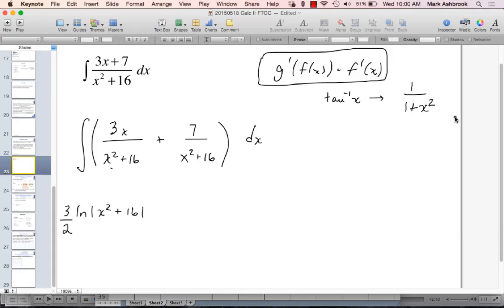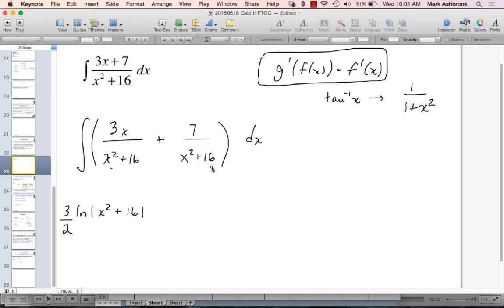We see the something over x squared plus a constant. So what's the big problem that we have? Is the 7 a problem? The 7's not a problem. It's just 7 times 1, right? The real problem here is the 16, because the derivative of tangent inverse has to have 1 plus x squared. So our big problem here is the 16.